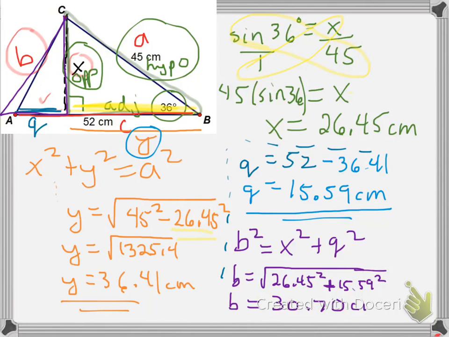We're talking about centimeters. So I'm going to write 30.70 centimeters. And I've solved it. Took me a while. I got stuck trying to use the law of cosines, but now I'm good.